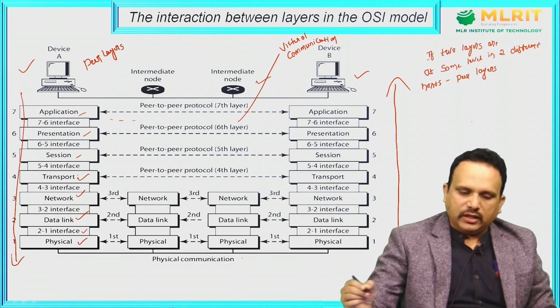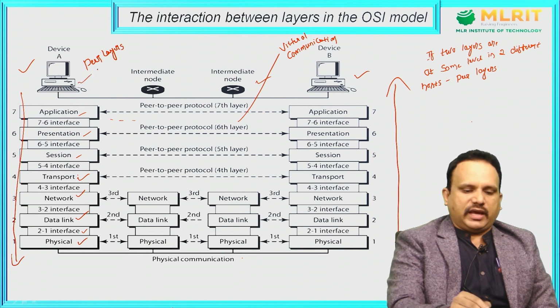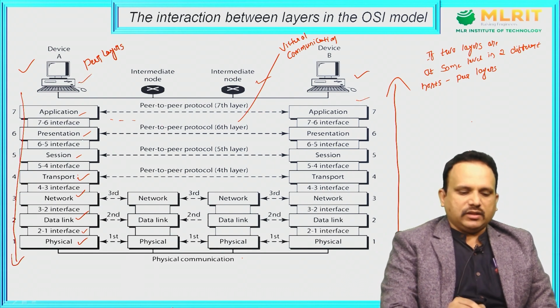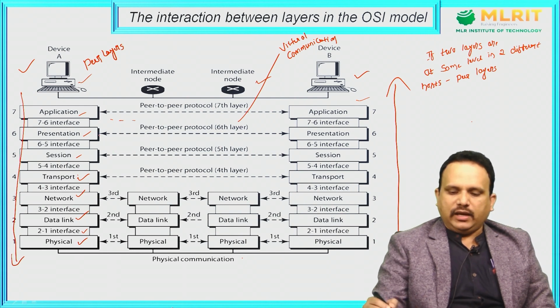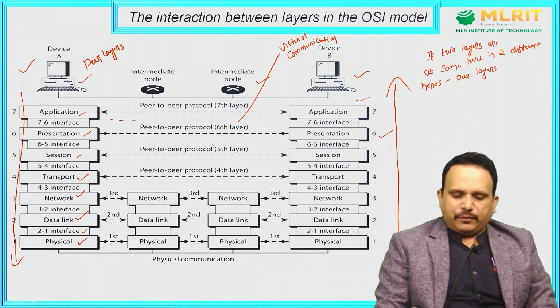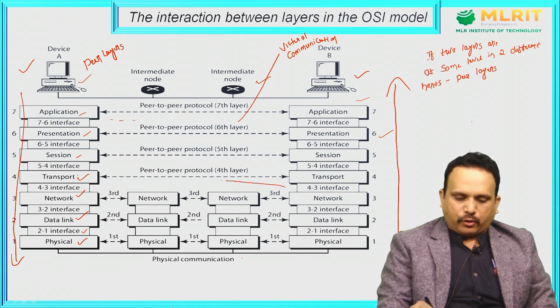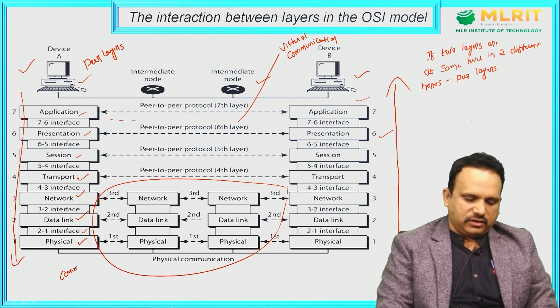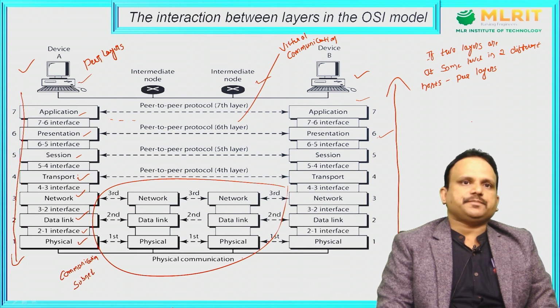So the application layer of device A is a peer layer to the application layer of device B. In the same way, the presentation layer of device A is a peer layer of the presentation layer of device B, and so on up to the transport layer. And the physical communication, the entire process, we call it the communication subnet. How this communication happens, we will see layer by layer.